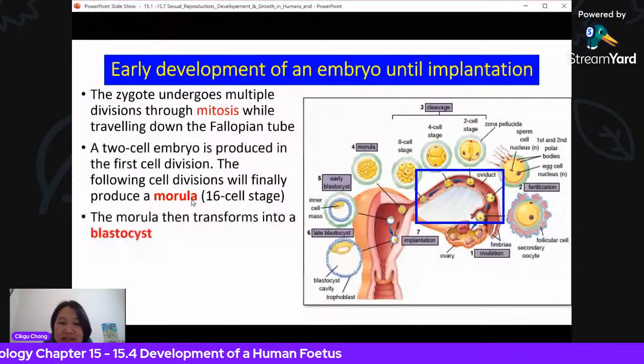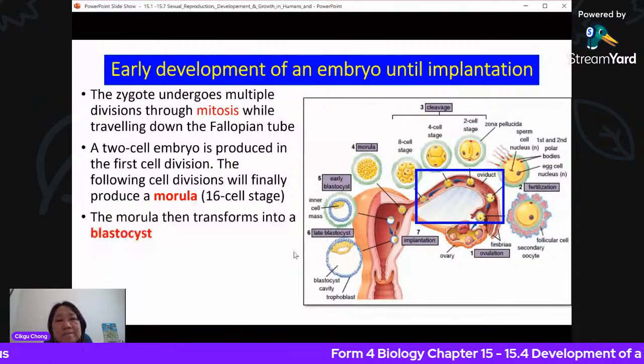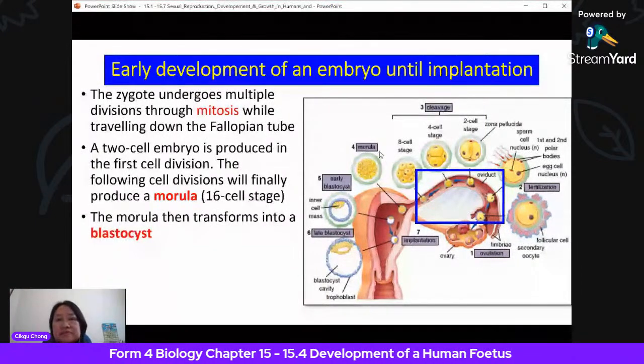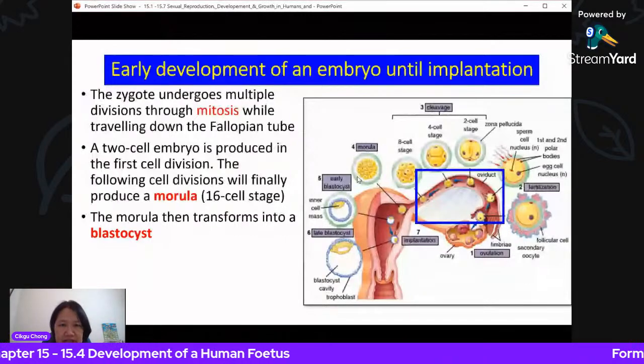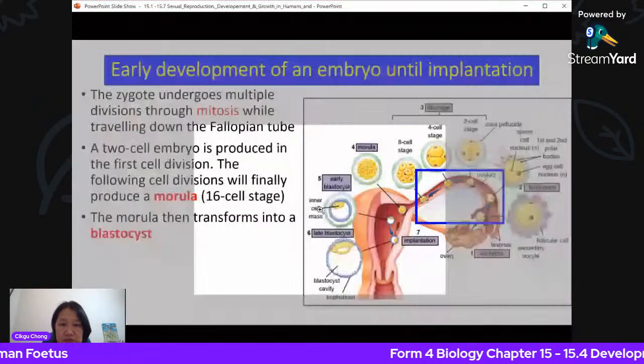The morula then further changes to become what we call a blastocyst. The difference here is the morula is just a ball of cells, which is not hollow inside. But if you see here very clearly, let me zoom in again to this blastocyst.